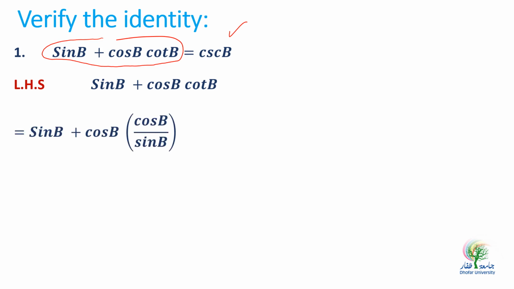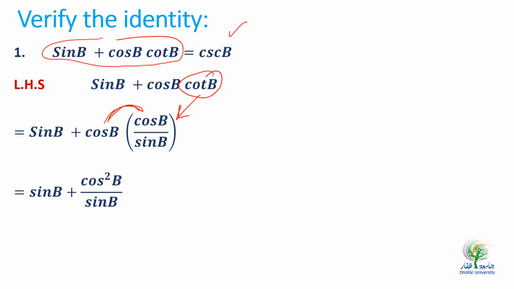Cosine b and sin b we write the same, but cotangent b is replaced with cosine b divided by sin b. And cosine b multiplied, so you get sin b plus cosine square b by sin b.